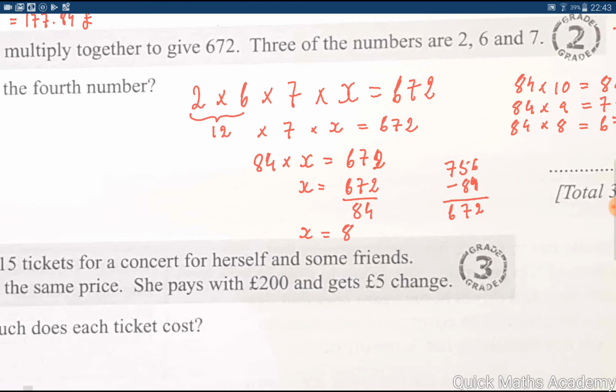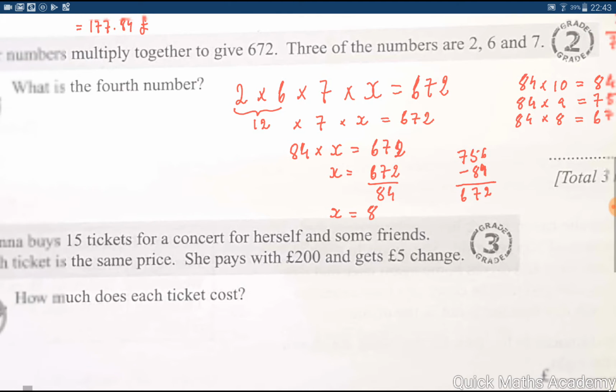The other way is to do the division, but to do this division is quite challenging. Okay, let's do 672 divided by 84. Basically I want to know how many times I can put 84 inside 672.